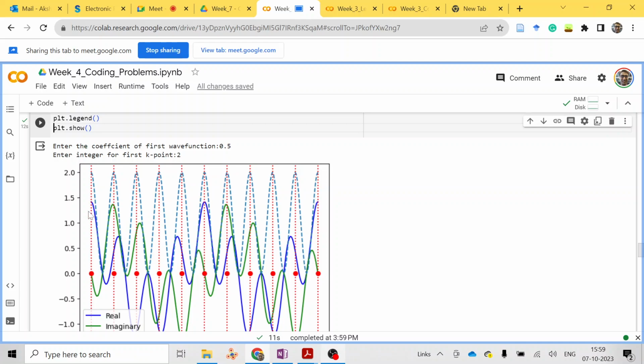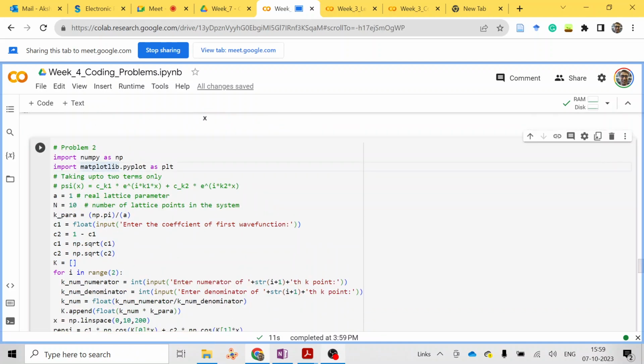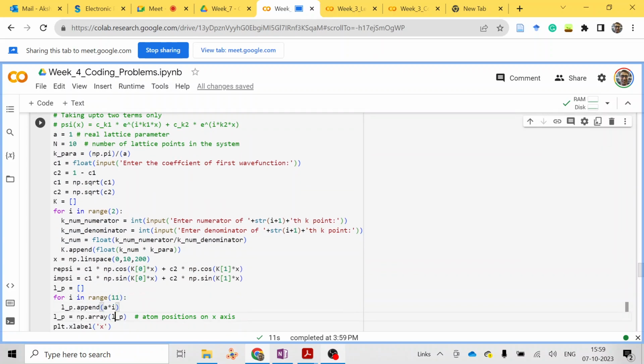We want something like this. We want this to be a continuous function. The imaginary part and the real part should be continuous, and we should have periodicity like this. So let us check it for our problem. In our problem, we are just putting the k values here.